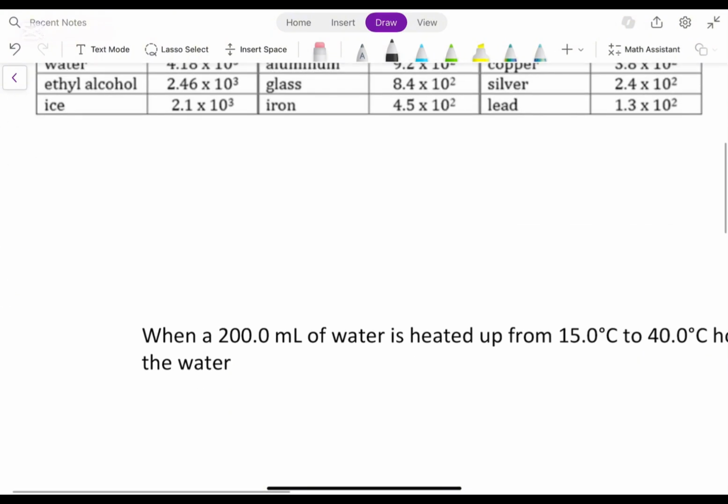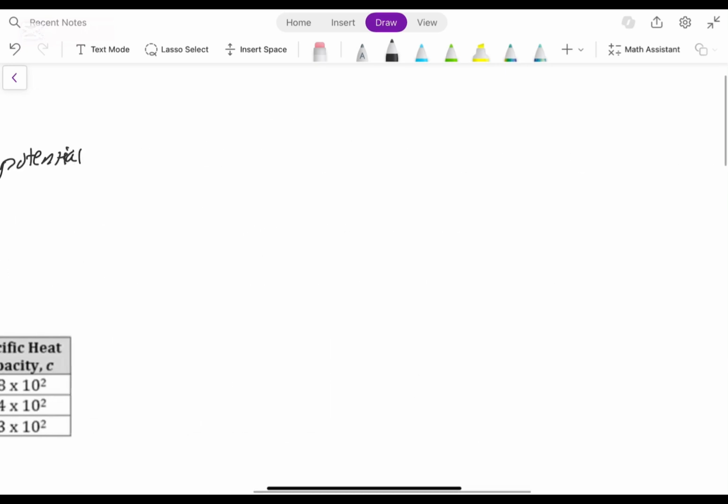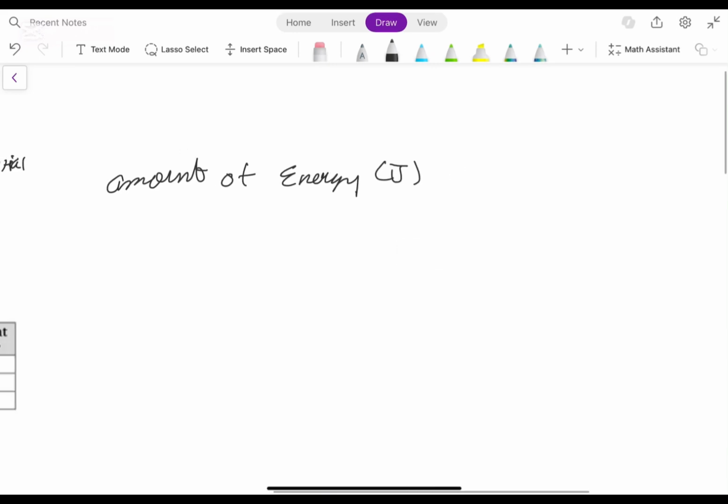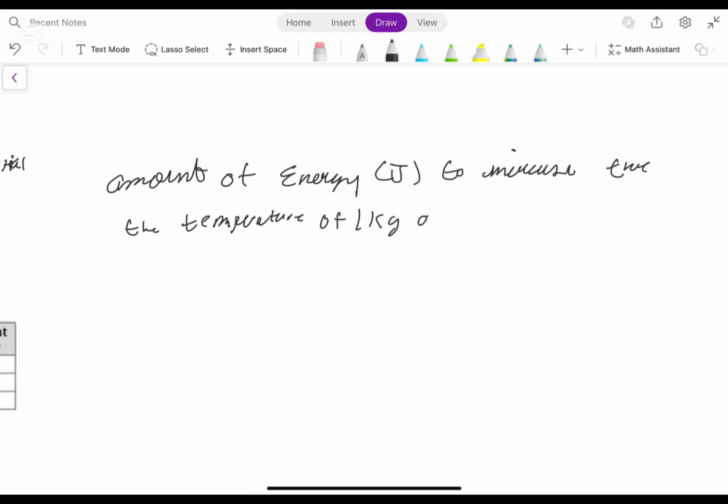Well, heat capacity is the amount of energy, in joules, of course, that is needed to increase the temperature of 1 kilogram of a substance by 1 degree, right?